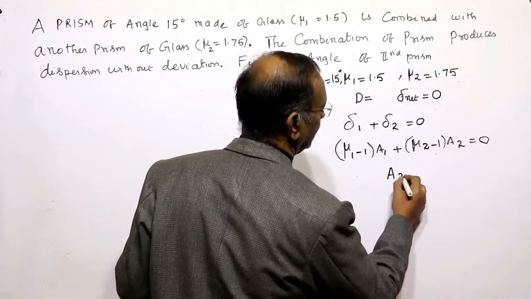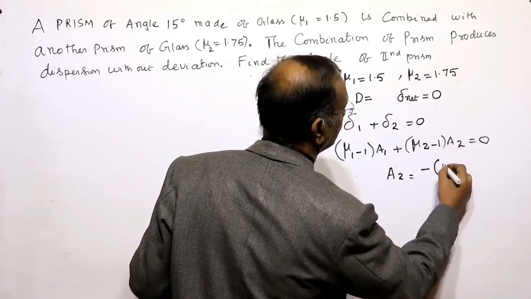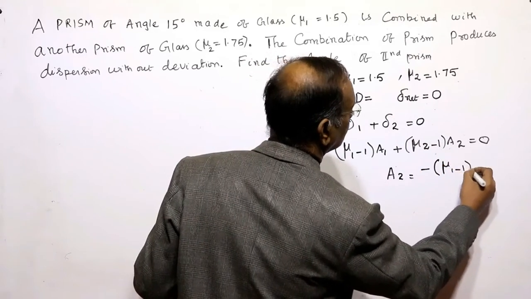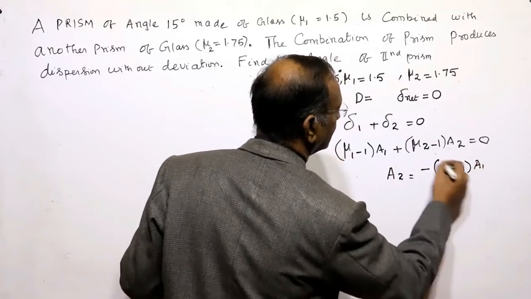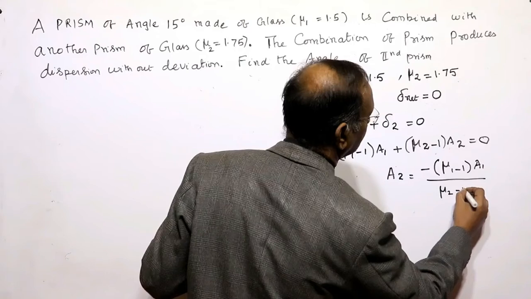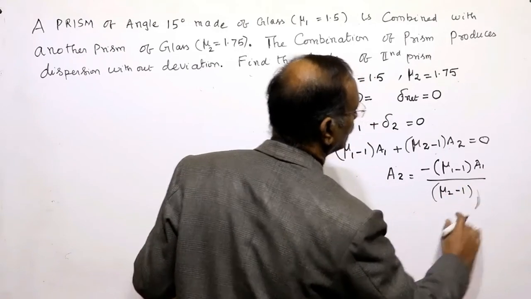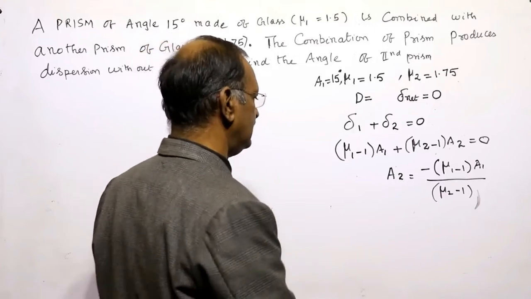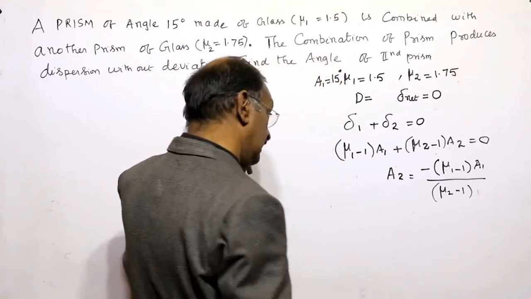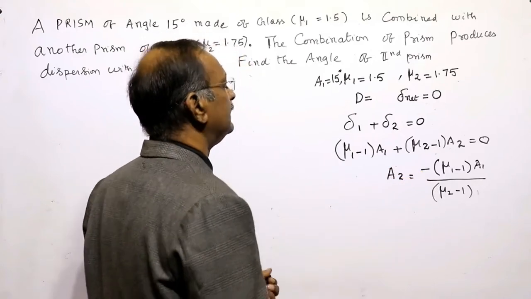It means A2 is equal to, when this goes to that side, minus (mu1 minus 1) into A1 divided by (mu2 minus 1). This is the expression for the angle of the second prism.